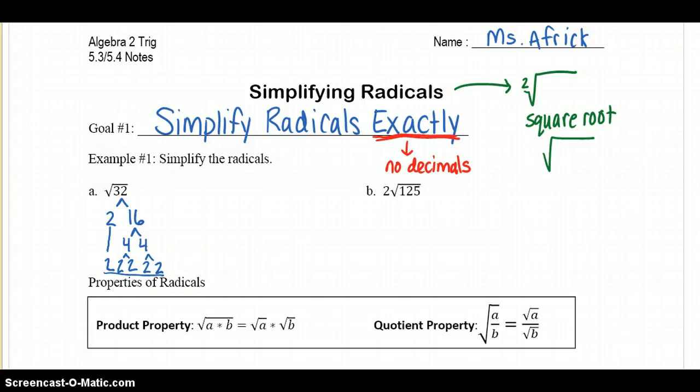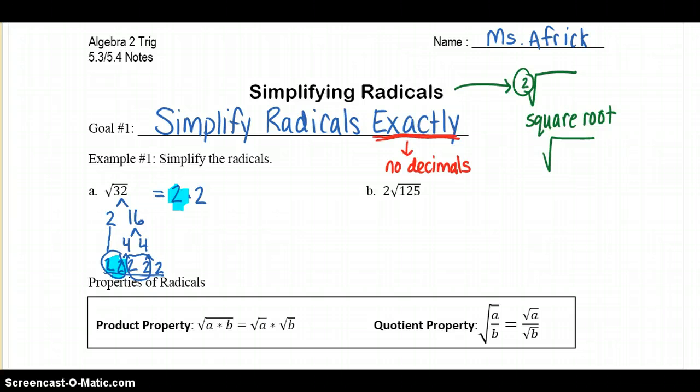Okay, and once we have it completely factored, what we do is, because it's a square root, a 2, right, we look for pairs of the same number. So here I've got a pair of 2's, and here I've got another pair of 2's. Alright, and then for every pair that you find, you get to pull one of those numbers out. So if I have a pair of 2's here, I get to pull 1 2 out. And just to be clear where that's coming from, this pair of 2's.